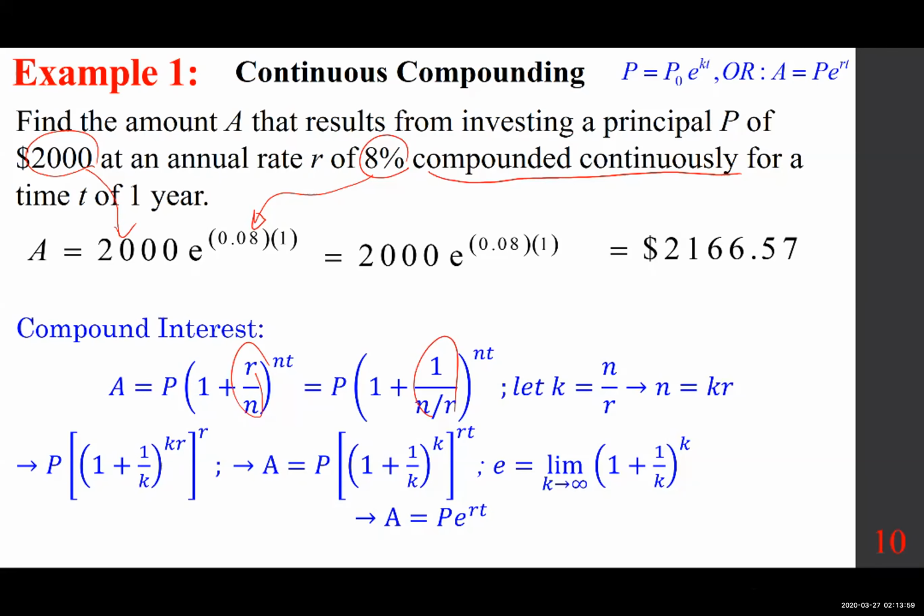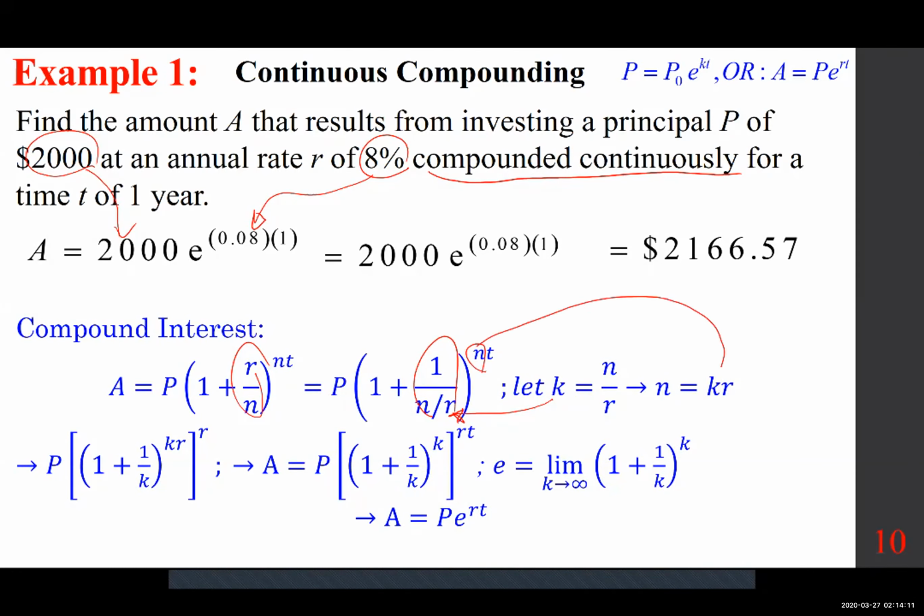So what that means is, now you are going to replace the N over R with this, and you're going to replace this N with this value. And basically, this is T, by the way, class.